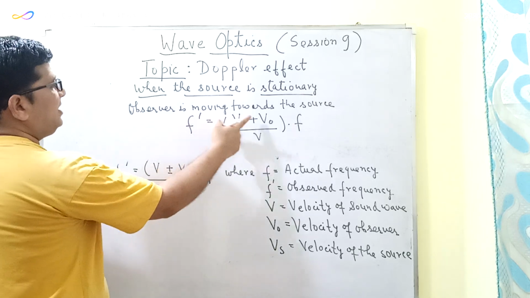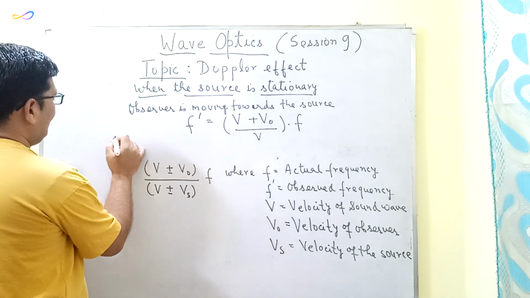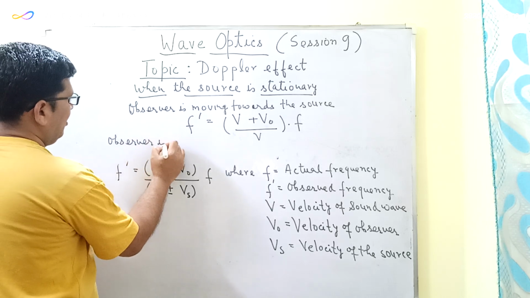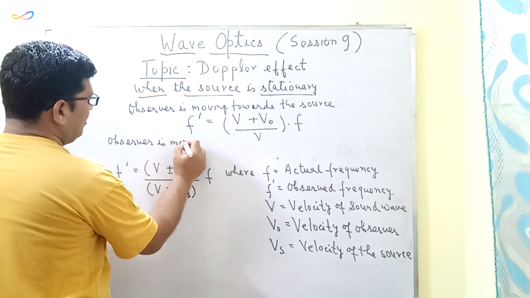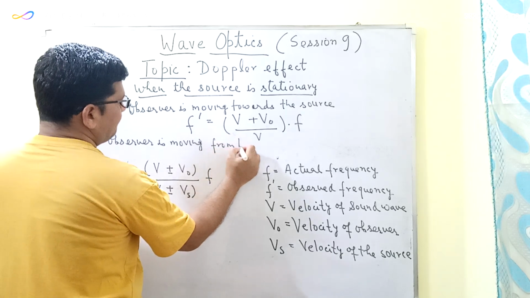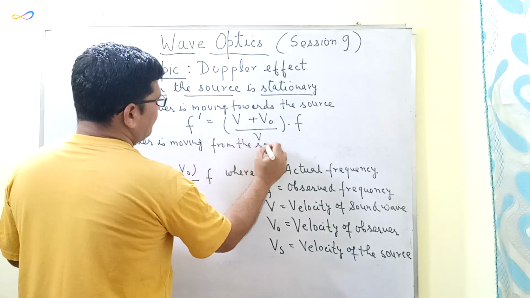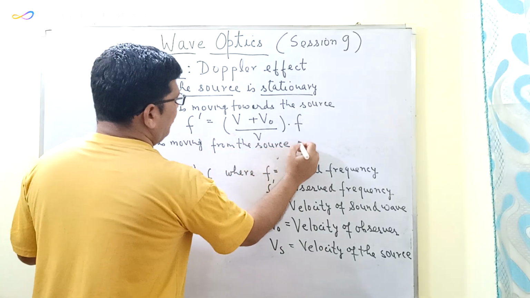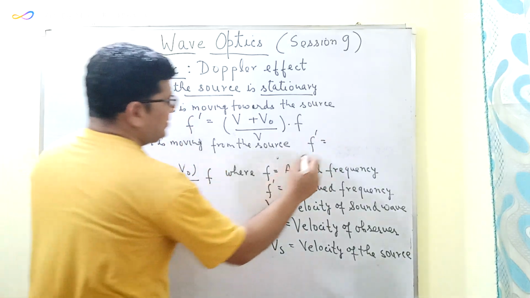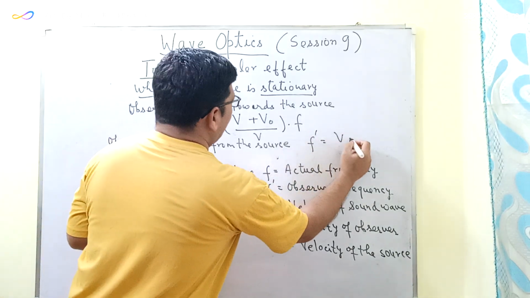And if the observer is moving away from the source, then in that case the observed frequency will be given by v.